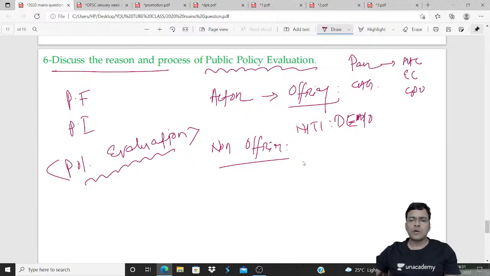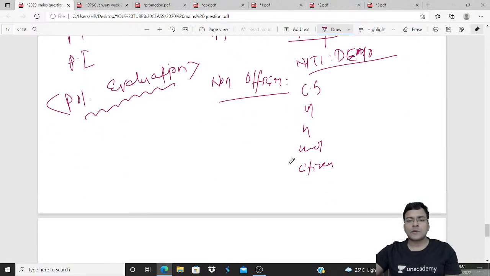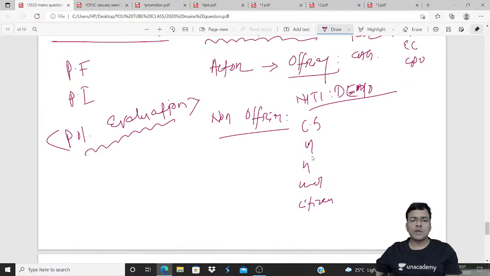I have told you in class. Evaluation, non-official actor, civil society, market, NGO, media, citizen, all evaluate public policy, and the concept of social audit.